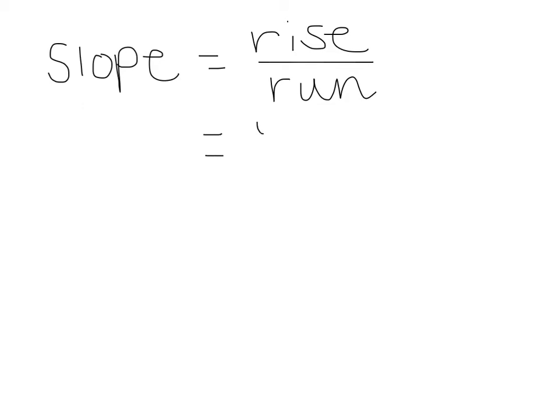You mainly know the slope as the rise over the run, which is the same thing as the vertical change over the horizontal change, which is also the same as the formula y2 minus y1 over x2 minus x1.